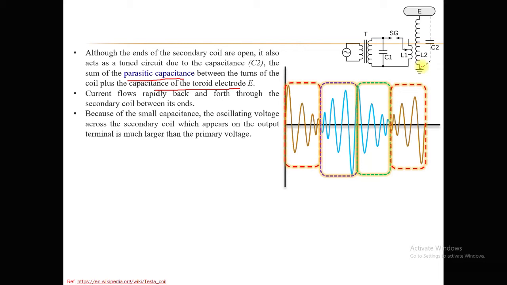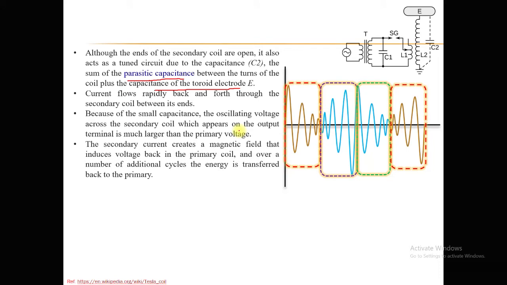The oscillating voltage across the secondary coil, which appears on the output terminal, is much larger than the primary voltage. I will show you the equation from which you can calculate the secondary voltage, and from that equation you can get to know the influence of the stray capacitance on the magnitude of the voltage.